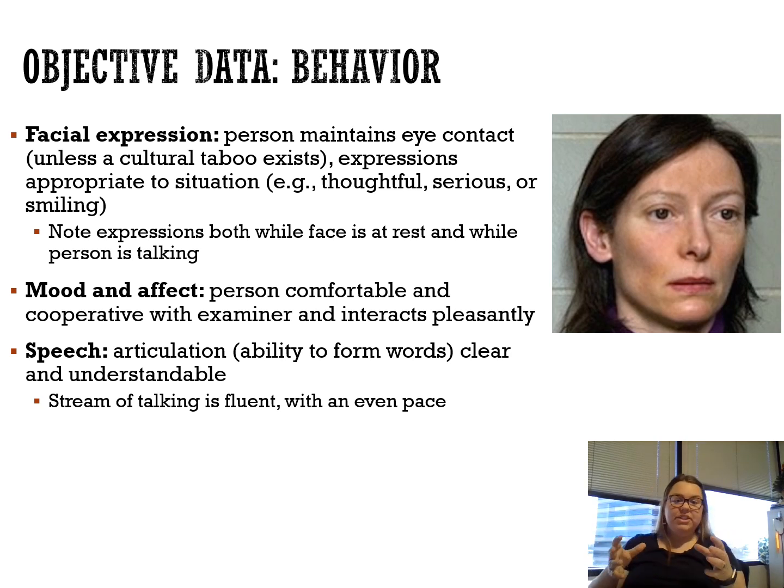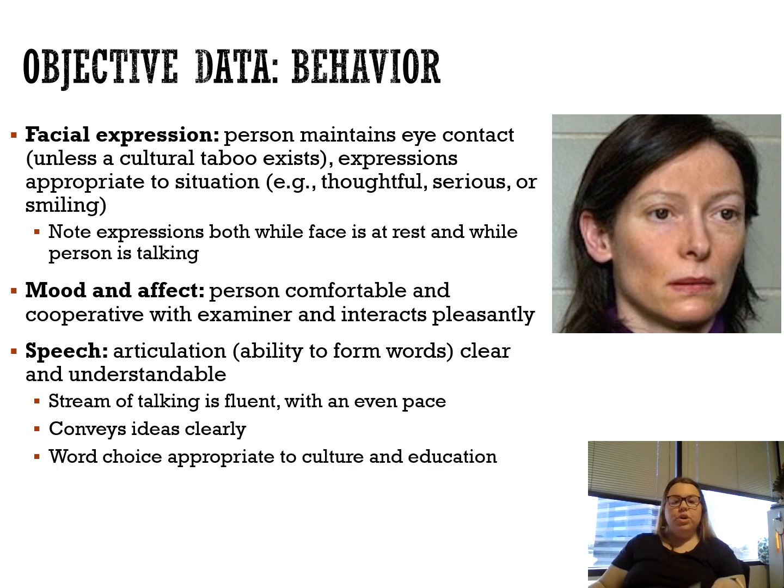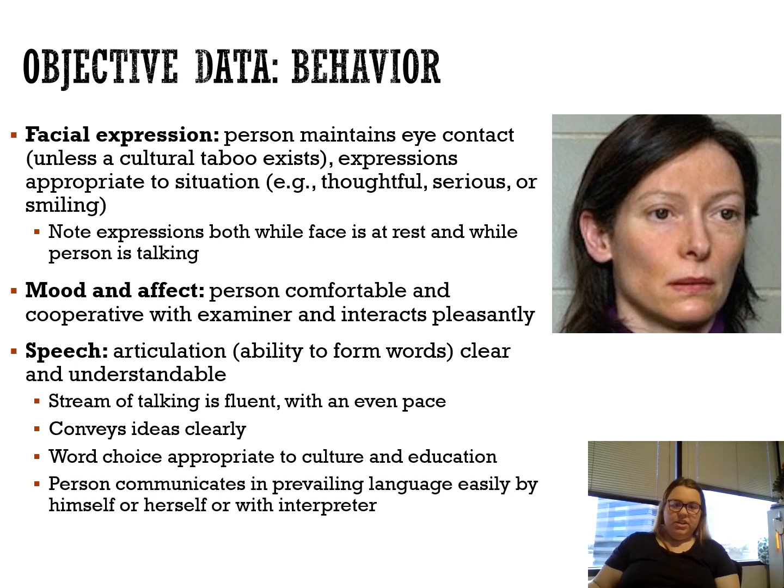We have to take those all into consideration and document our findings. Their ideas are coming out clearly. They're able to convey ideas clearly. Their word choice is appropriate to culture and education. They're able to communicate easily for him or herself with or without the interpreter.